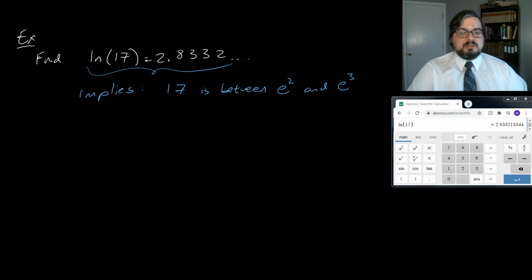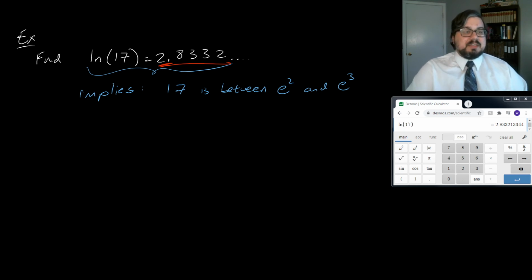Because the output of the logarithm is 2 point something, the output is some number between 2 and 3. That means that 17 itself is between e squared and e cubed.